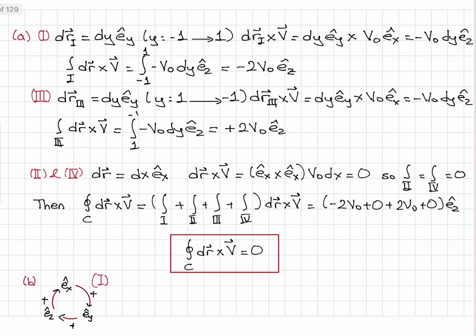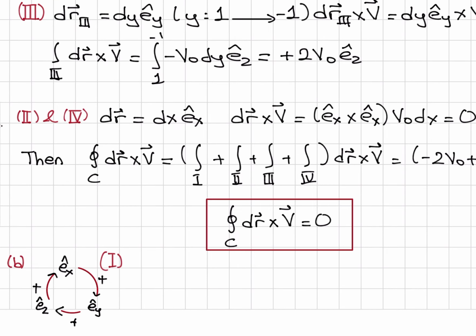So let's note that on segment 1, our dr vector, the small differential displacement vector, is dy ey hat, and y changes from minus 1 to plus 1, and x is fixed at plus 1.